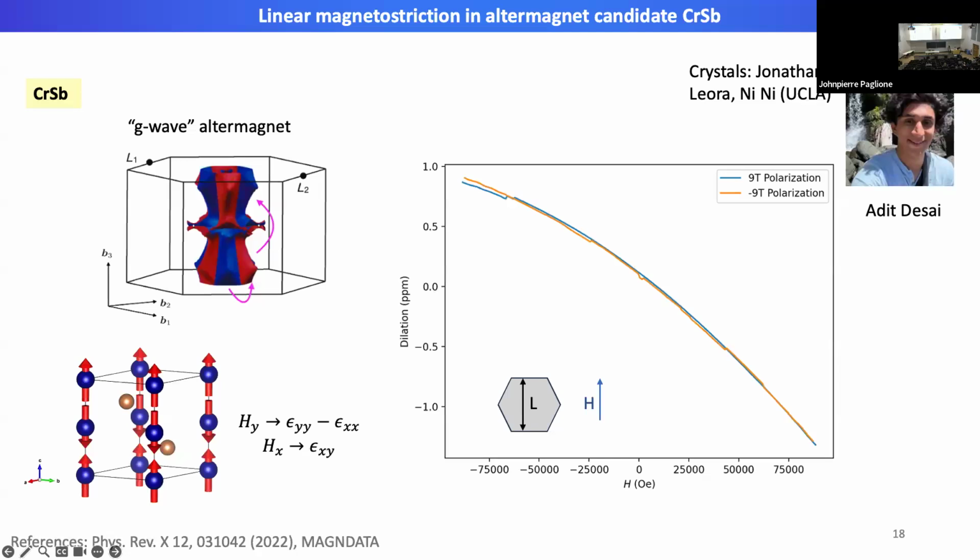So this is the sketch of the magnetic structure of chromium antimonide, where you can see that those are the two antiferromagnetic sites, and they are actually related to each other by a rotation symmetry. And it's called a G-wave altermagnet because the spin polarization distribution in k-space looks like a G-wave.